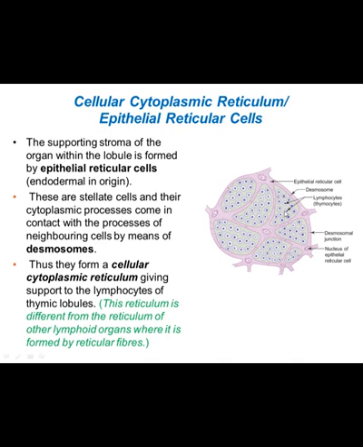These are the lymphocytes, or here we can say thymocytes. And this epithelial reticular cell provides support to these lymphocytes. Remember, this reticulum is different from the reticulum of other lymphoid organs, where it is formed by reticular fibers. But this is an epithelial reticular cell, not reticular fibers.